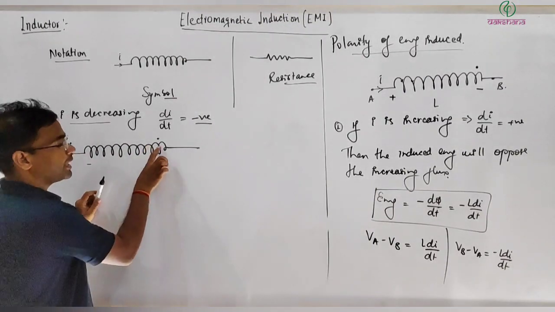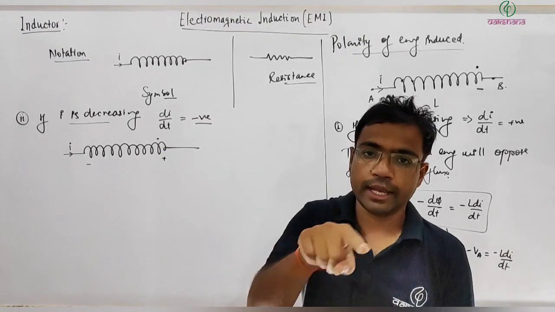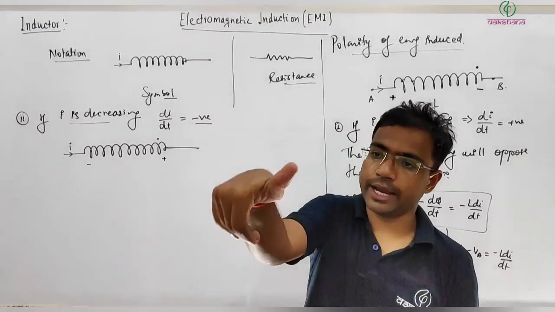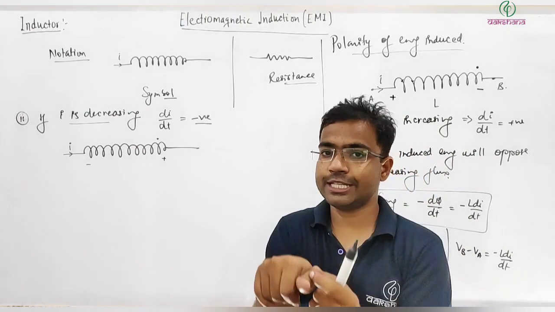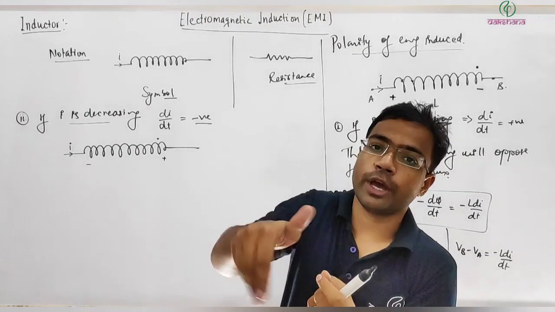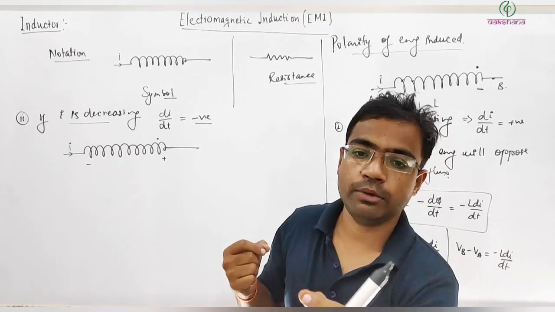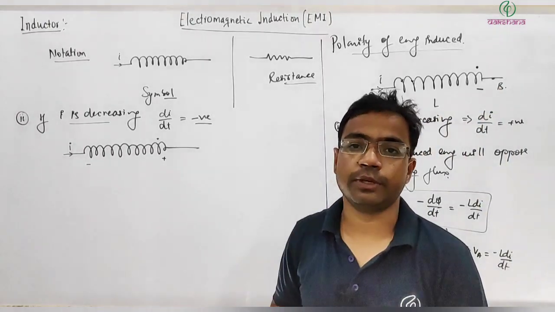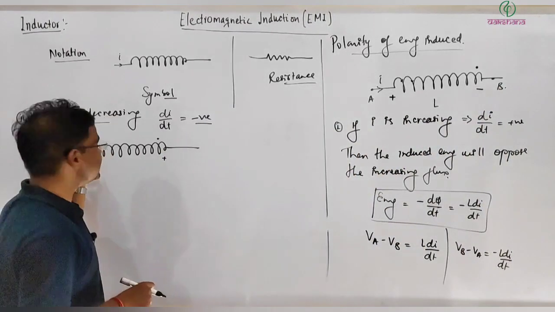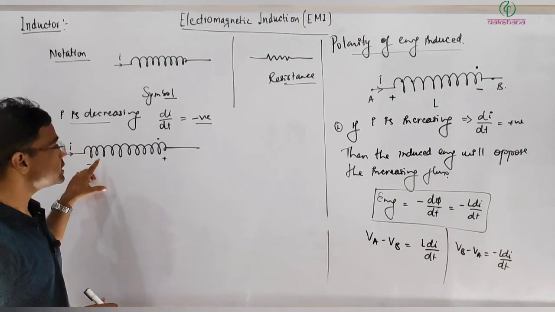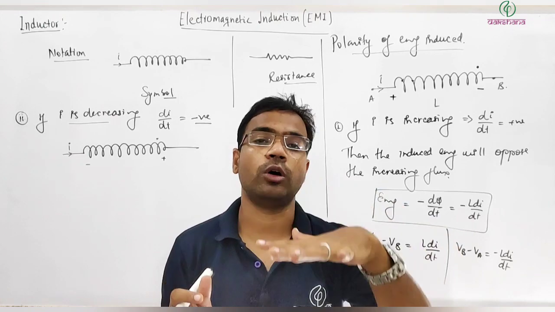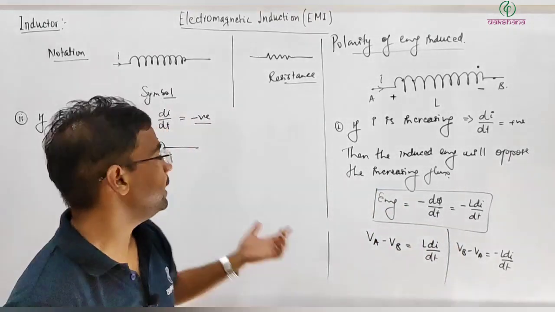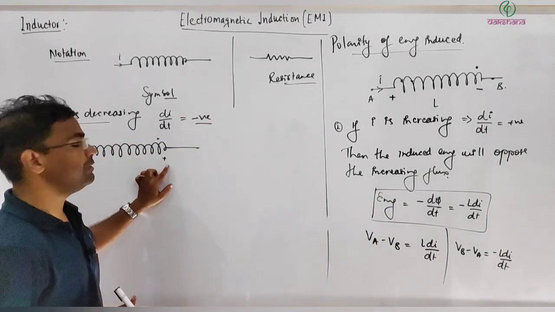You can see current is going this way, towards you, north pole. Now it will try to increase the current, so here positive, negative, so more current will go this way. Because current is decreasing, it will try to keep it constant. By how? By inducing EMF, and the polarity will be this way.